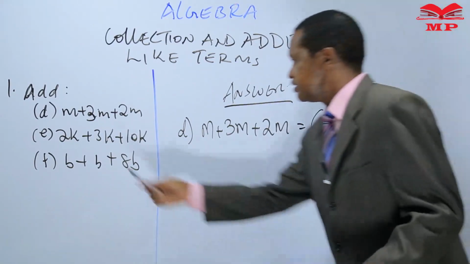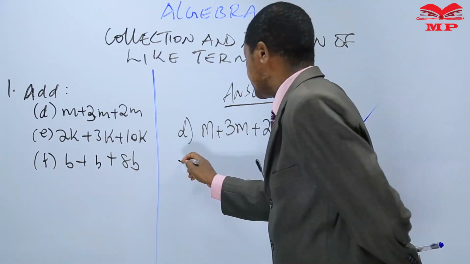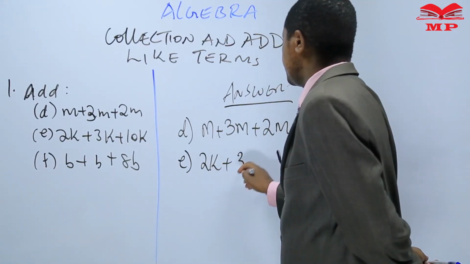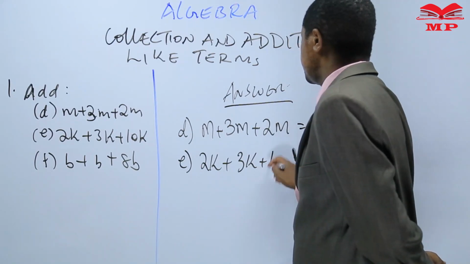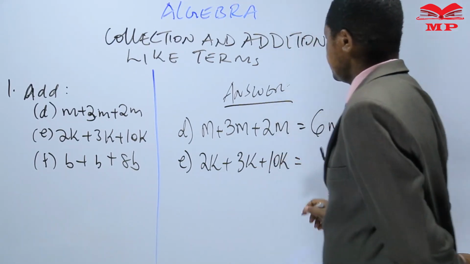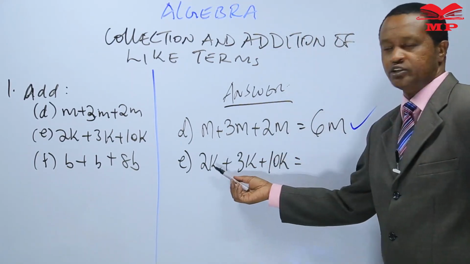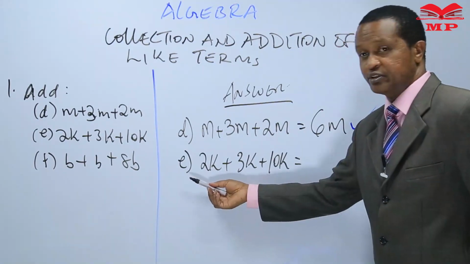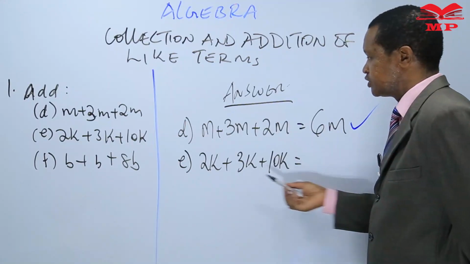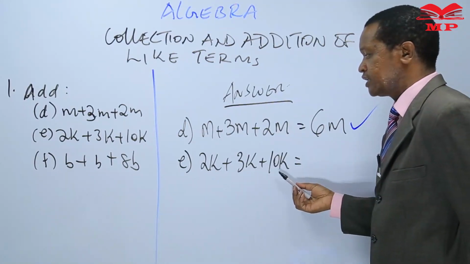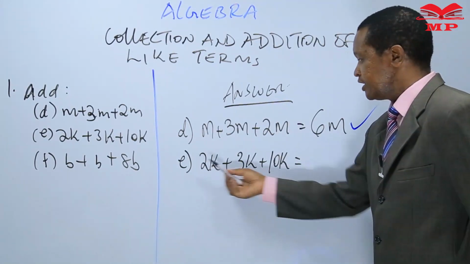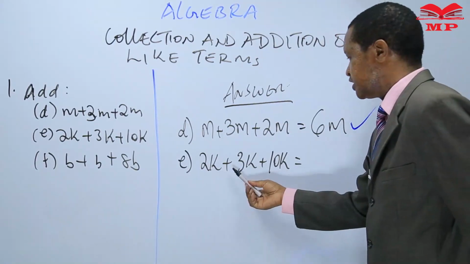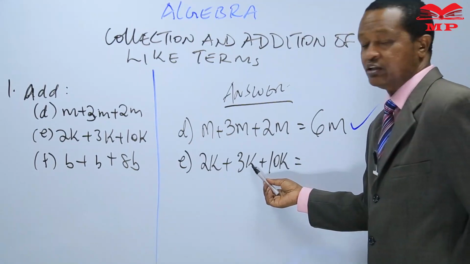Then E, 2K plus 3K plus 10K. These terms are like terms: 2K, 3K, 10K, K. So we add 2Ks and 3Ks, that will give us 5.